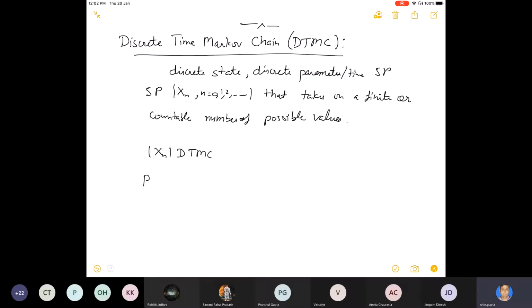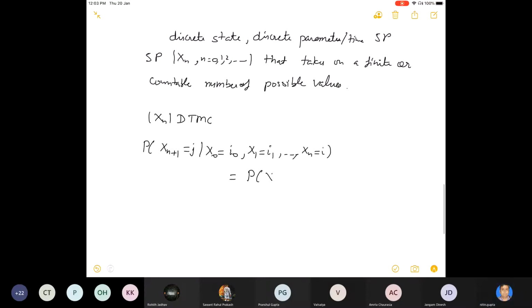if the probability that Xn+1 is equal to j, given X0 is equal to i0, X1 is equal to i1, and so on to Xn is equal to i, is the same as the probability that Xn+1 is equal to j, given Xn is equal to i, where these i, j, i0, i1 and so on belong to the state space.